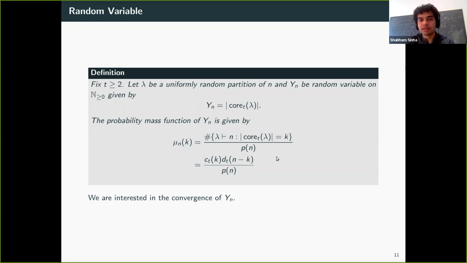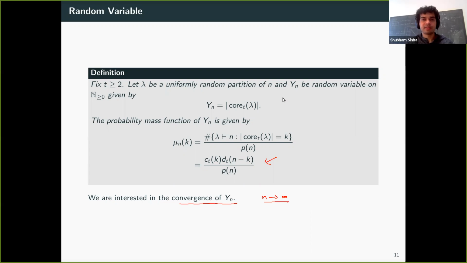And if you recall the partition division, this is what you get: the number of t-cores of size k times the number of t-divisible partitions of size n minus k, over p(n). We are interested in certain convergence of these random variables as n goes to infinity.